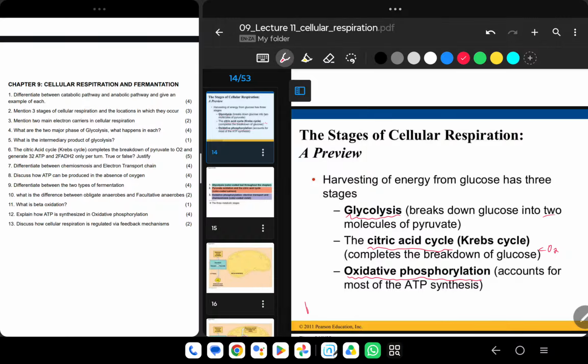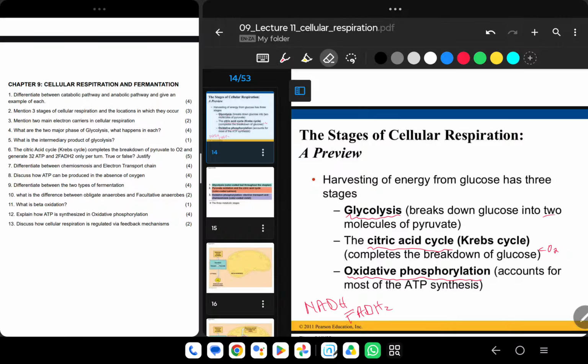The two electron carriers are NADH and FADH2. These are two electron carriers that carry electrons to the oxidative phosphorylation, where they are further used to synthesize ATP.